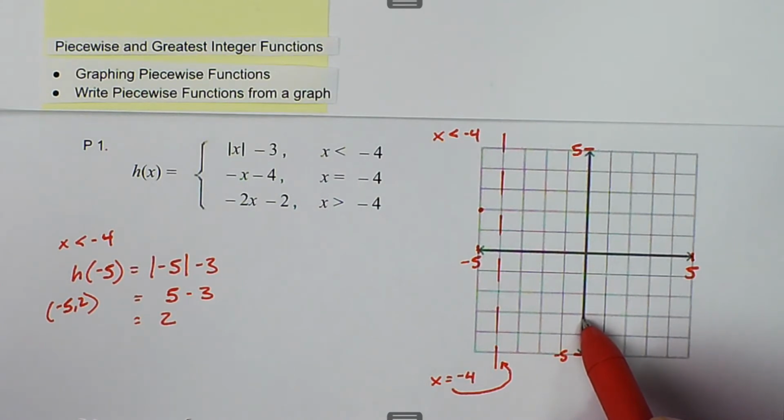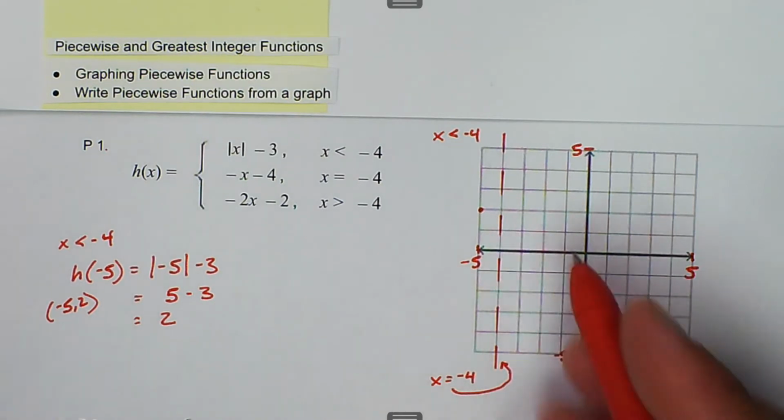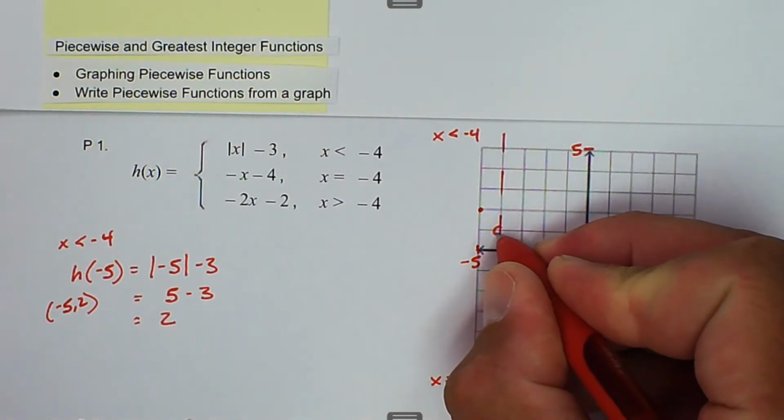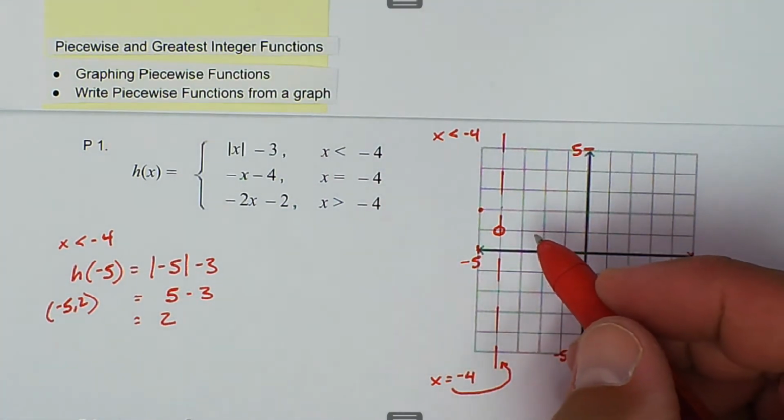So because the slope is +1, we go up 1 and to the right. And we also do that to the left. So up 1 over 1, up 1 over 1, up 1 over 1. Now, as we look at the inequality sign, we have x is less than -4. So this point is not included. So we're not going to include that one. And then we can go up 1 over 1. And then we have that.